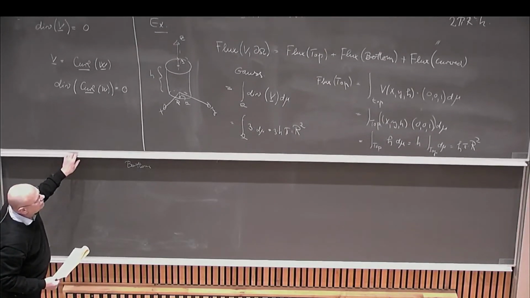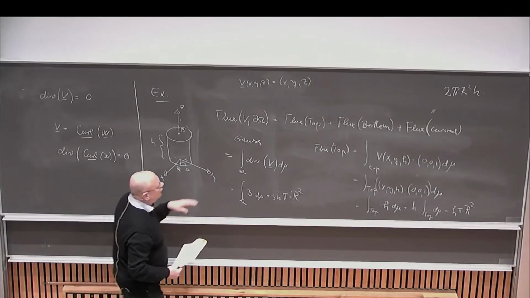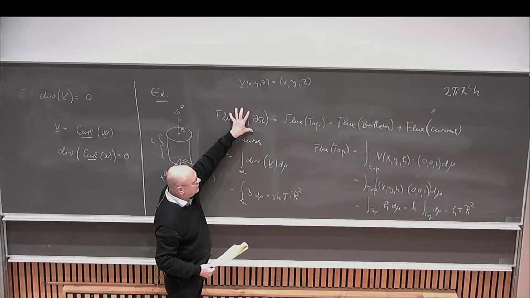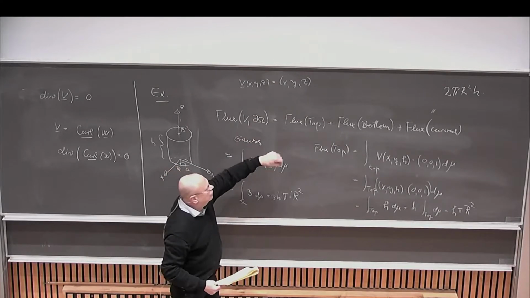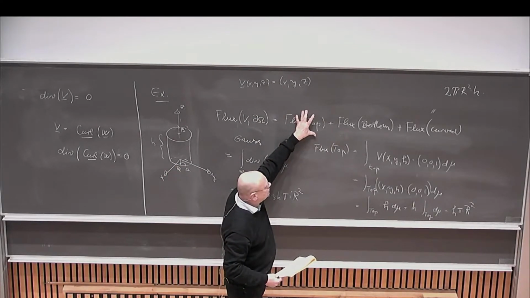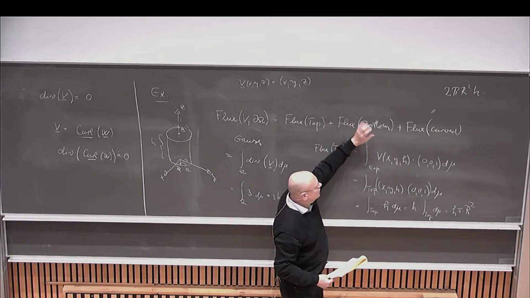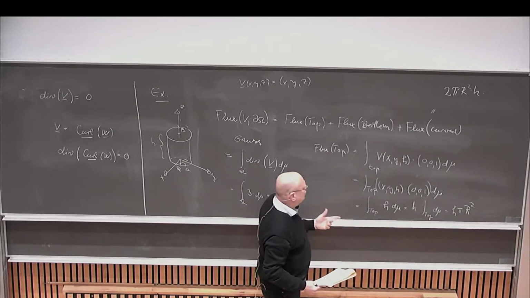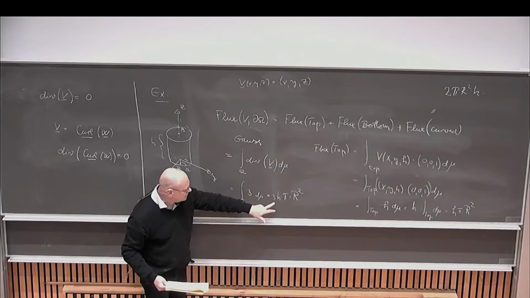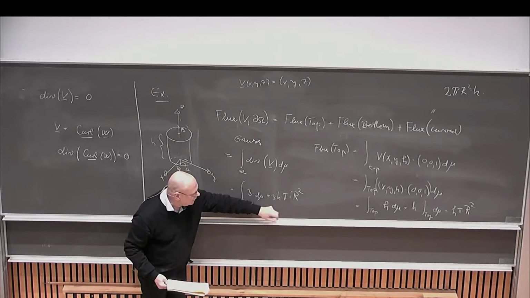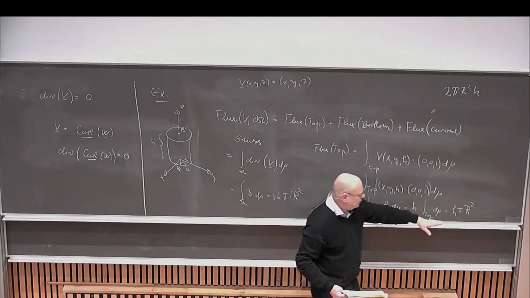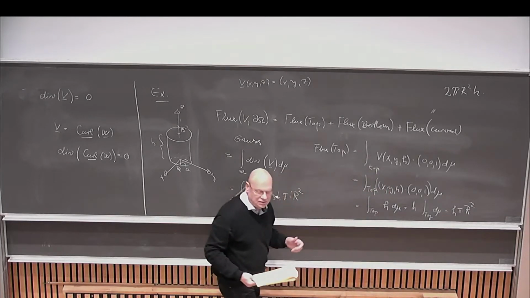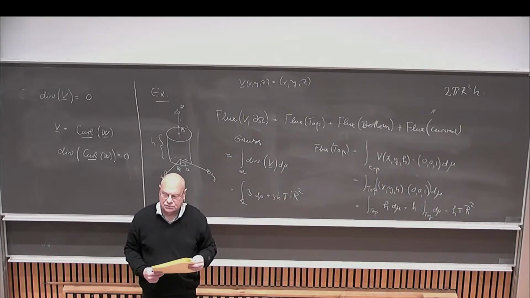And now we have the left-hand side in this equation. We have this one, and we have this one, but we miss this one. So we should take these 3h pi r squared, and we should subtract this one, and then we get 2 pi r squared h.